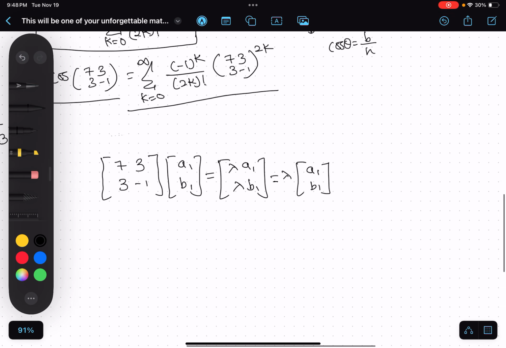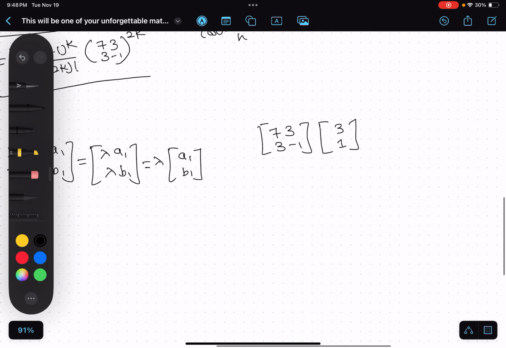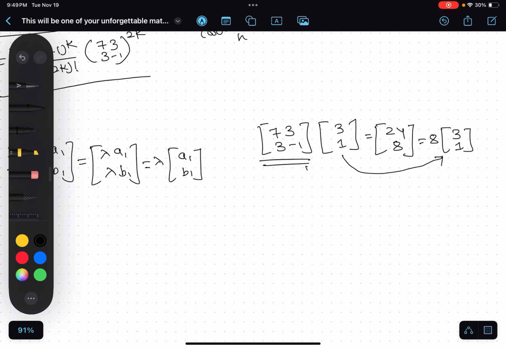For the matrix 7 3 3 minus 1, multiply it by the vector 3 1. Your answer would be 7 times 3 plus 3, which is 24, and then 9 minus 1, which is 8. If you take 8 common, this is just a scaled version of the vector. When this matrix was multiplied by this vector, it was just scaled by 8.